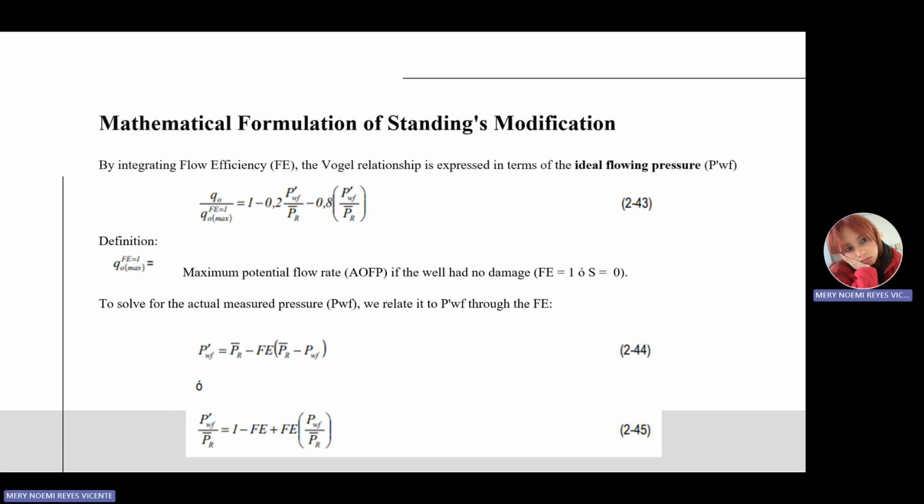It's important to know the term Qmax at FE equals 1, which represents the maximum potential flow if the well had zero skin. To make this applicable to measured data, we use equations 2.44 or 2.45 to relate our actual flowing pressure to the ideal pressure.